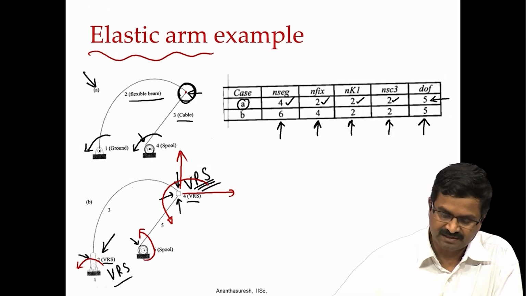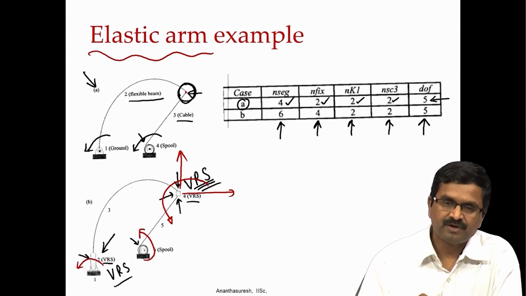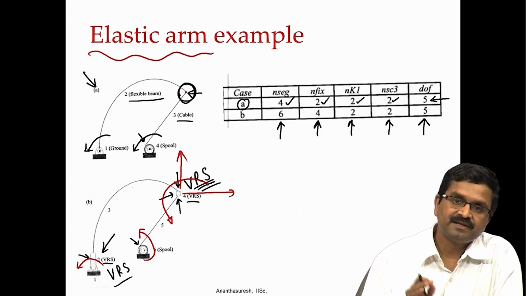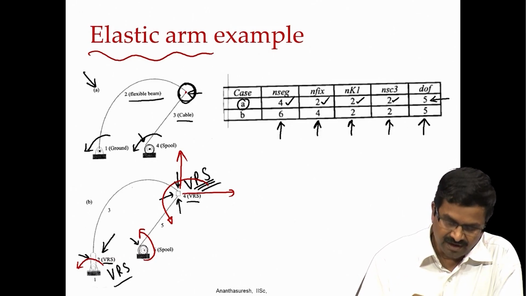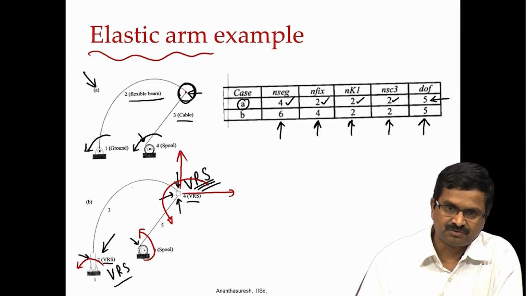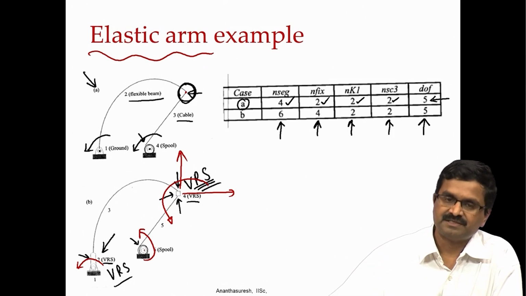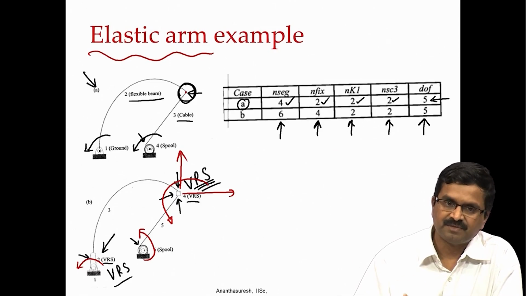So, we can interpret the degrees of freedom, and you see now 2 cases where you would use a virtual rigid segment. One is wherever there is a force on an elastic segment, and the other case is whenever 2 elastic segments are attached to one another, or an elastic segment is attached to another rigid segment. We put a virtual rigid segment, then interpretation becomes easy.